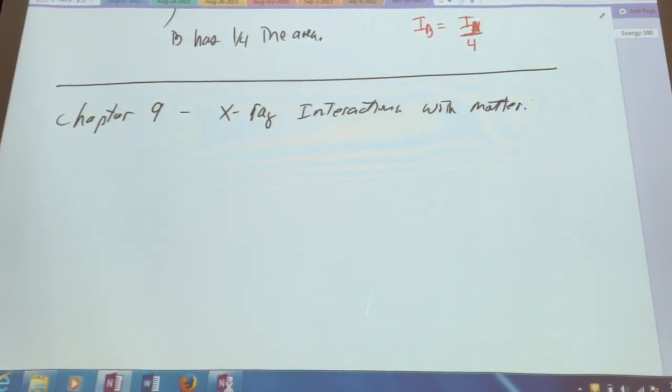So, before we launch into chapter 9, as you notice, it's all about X-ray interactions. So it's assuming that you've already produced the X-rays. And just one more time, how are the X-rays produced? X-rays are produced by the X-ray tube, when electrons strike the target.